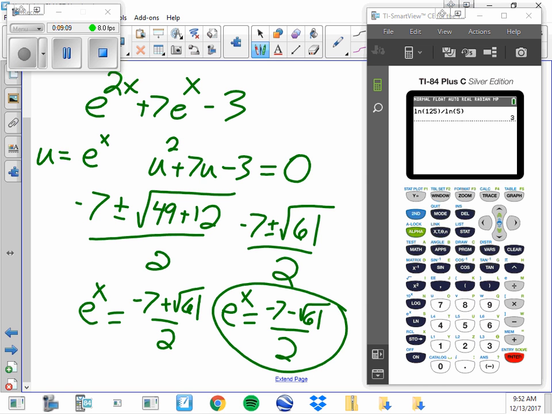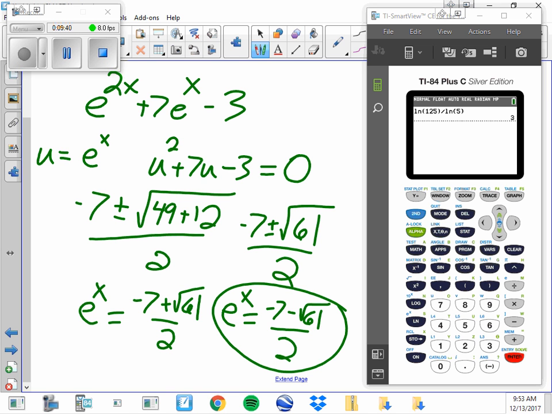What can you tell me about this one? Why not? What is negative 7 minus the square root of 61? A negative number. Can e to the x equal a negative number? E is positive. So can you take 2.7 and multiply it by itself a whole bunch of times and get a negative number? No. Okay, so that one doesn't work.